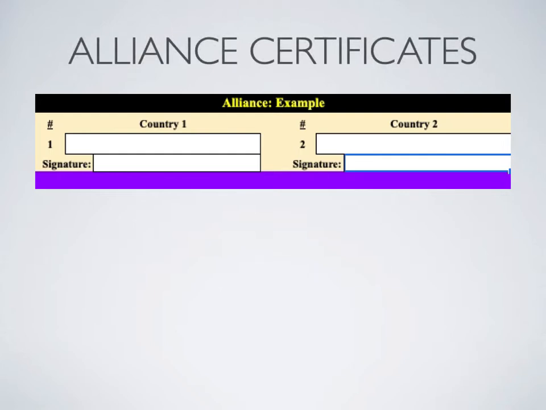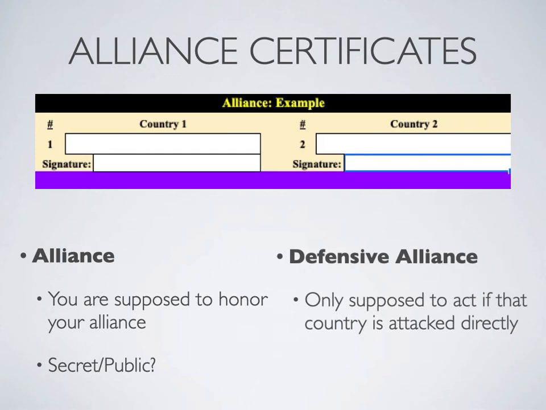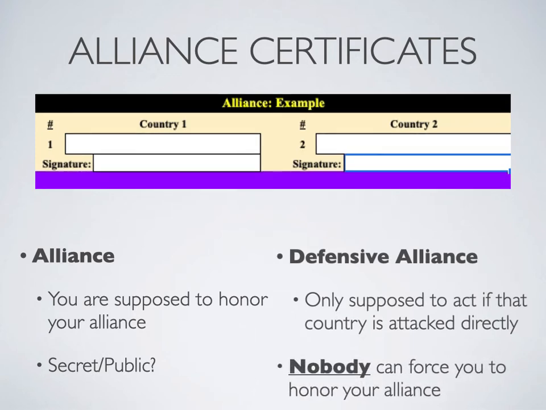Alliance certificates, this is also going to be on a Google Sheet, in the same Google Sheet under a different tab called Alliances. The alliances that are already there, you don't have to put in here, but if you make new alliances, so we're going to make an alliance here with an example.